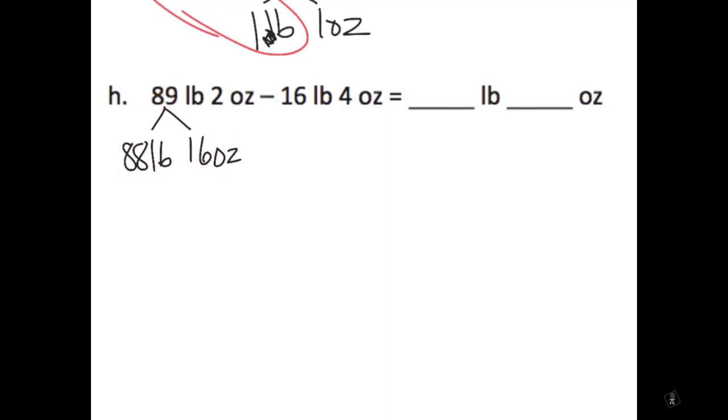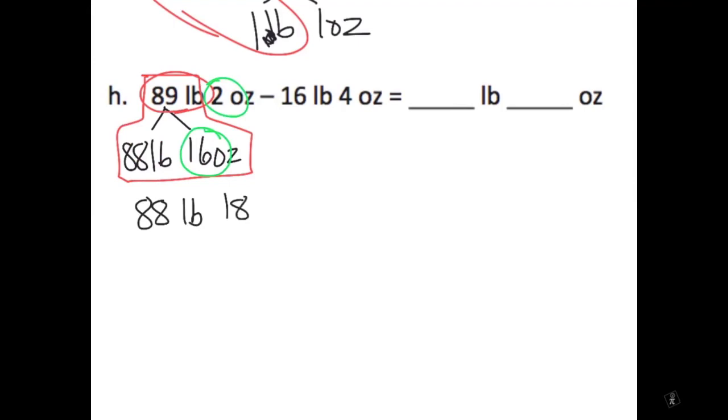So this whole thing right here, 89 pounds, is the same as 88 pounds, 16 ounces. Now we're going to take these 16 ounces and the 2 ounces and mush them together. So we end up with 88 pounds and 18 ounces.